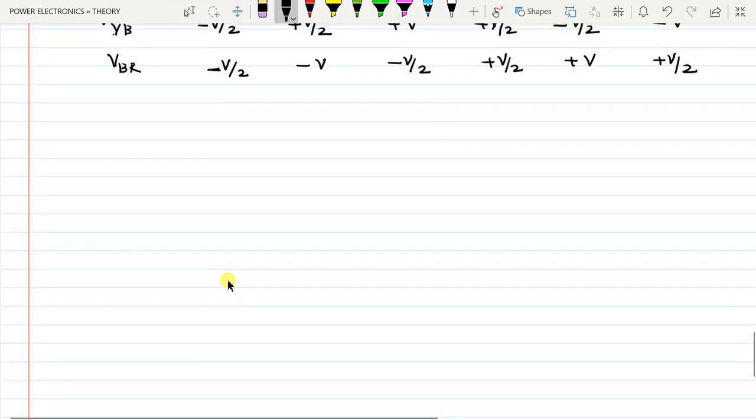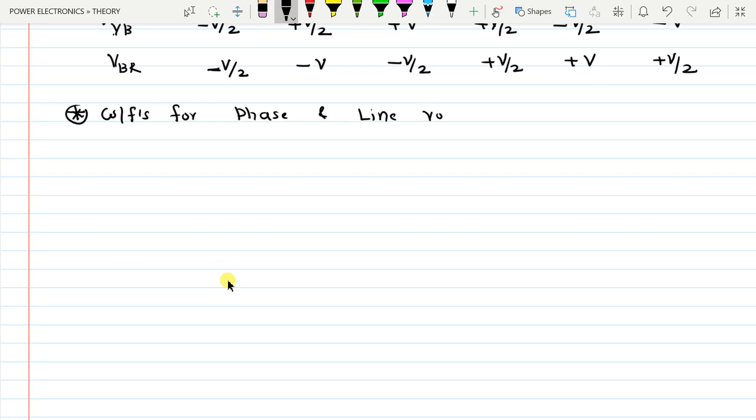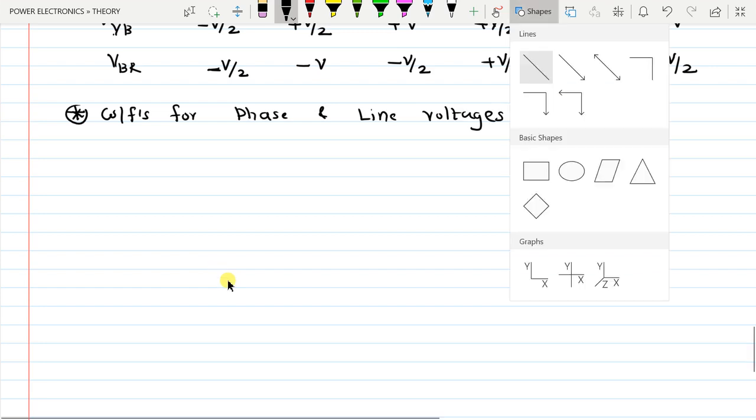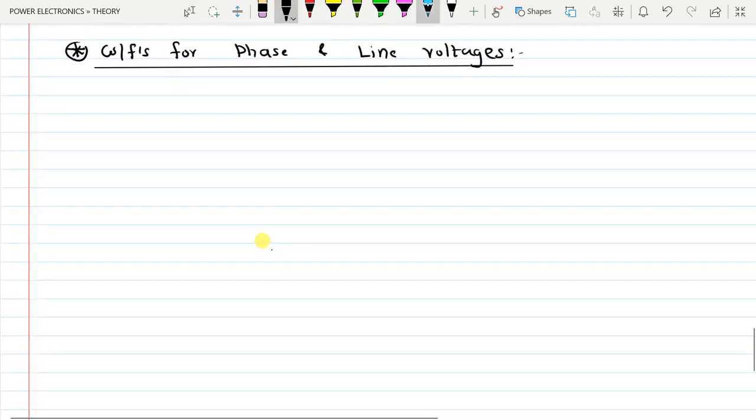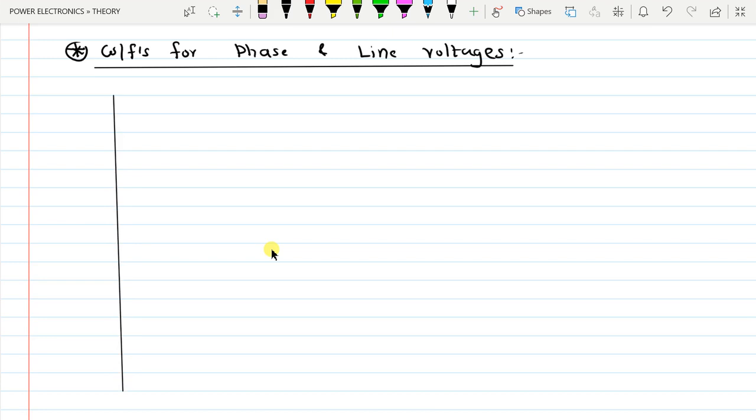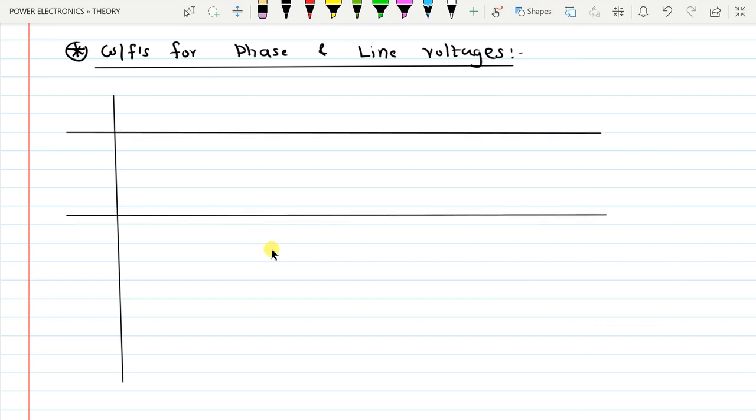Okay, drawing the waveforms. First phase voltage, second phase voltage, third phase voltage.